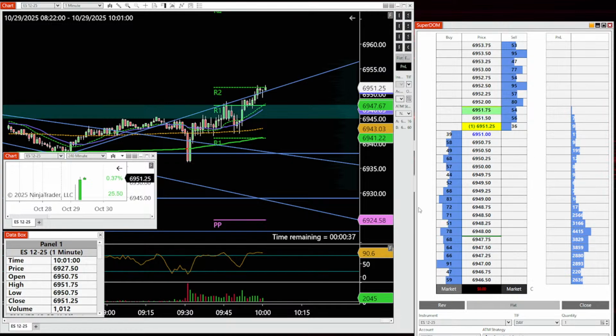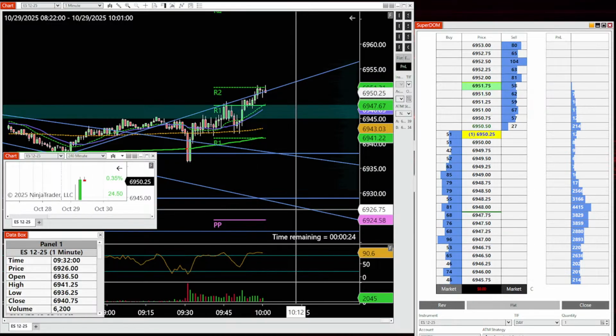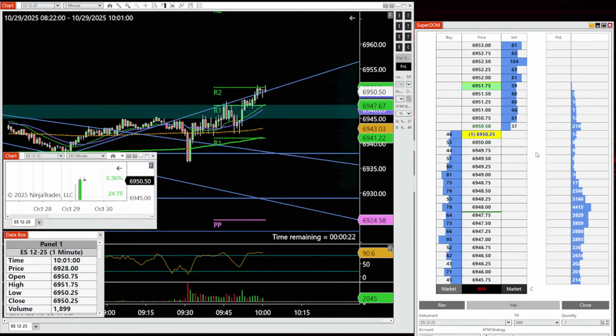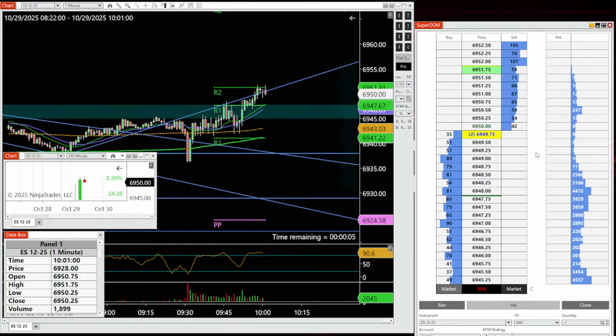And if we get a push higher, 51.75. Okay. May hang around 50. Let's see.